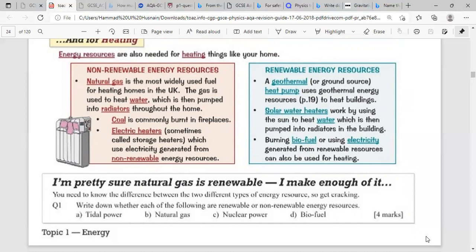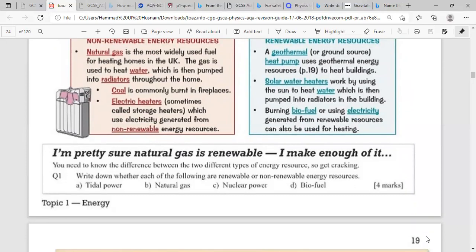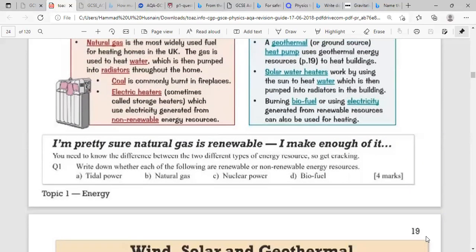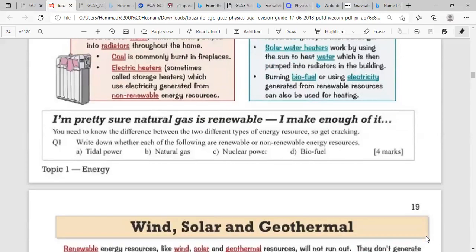Okay, so there is a theoretical question over here, and I will leave it for you as a homework assignment. You need to write down whether each of the following is a renewable or non-renewable energy resource. It will just take you 5 minutes, and then you will discuss it with me: whether tidal power, natural gas, nuclear power and biofuels are renewable energy sources or non-renewable energy sources.